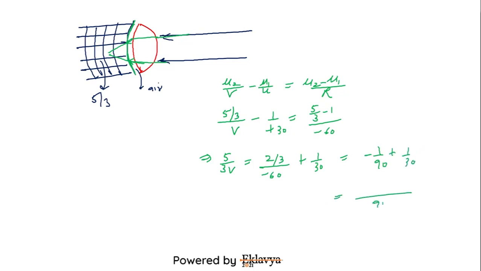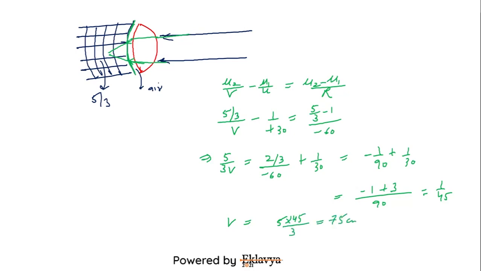Taking 90 as the LCM, minus 1 plus 3 becomes 2 by 90, so 1 upon 45. So V comes out to be a positive number. It comes out to be 5 into 45 by 3, so it comes out to be 75 centimeters.